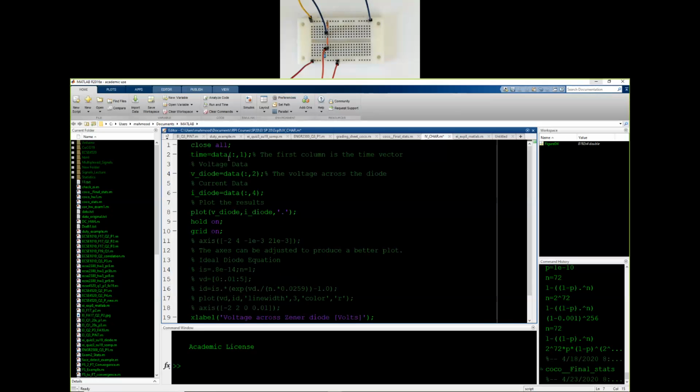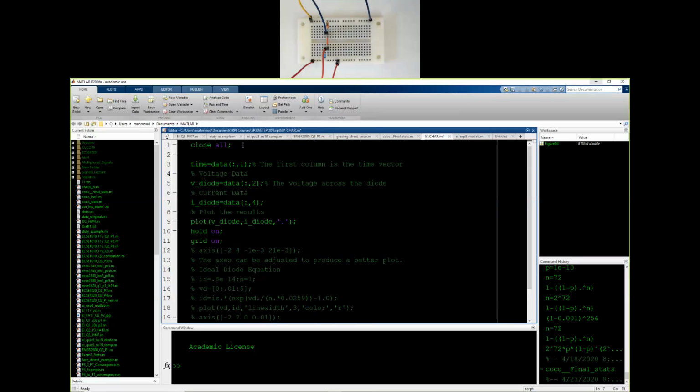Let's see, time equals data of all rows and first column. No, I need to change that to figure D4. So in order for me to not change anything, I will just say data equals figure D4, and if I do that, then I don't even have to change the remaining statements.